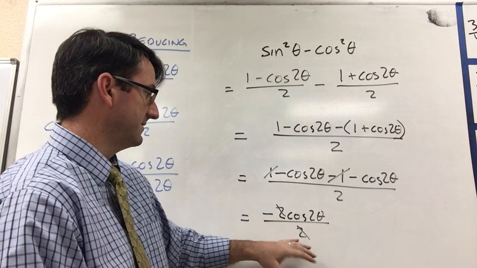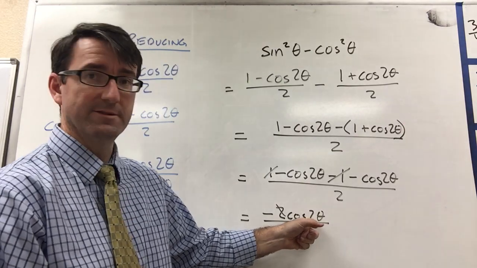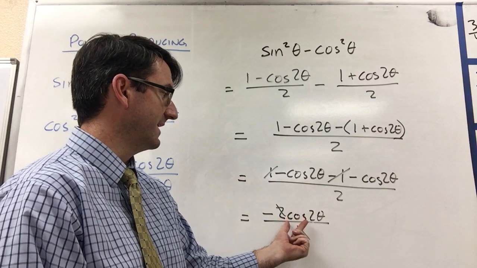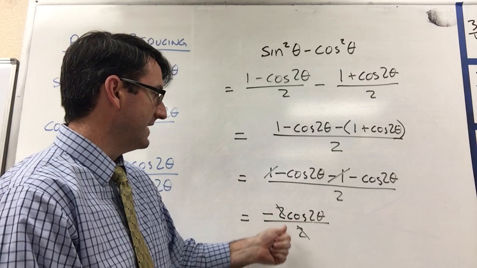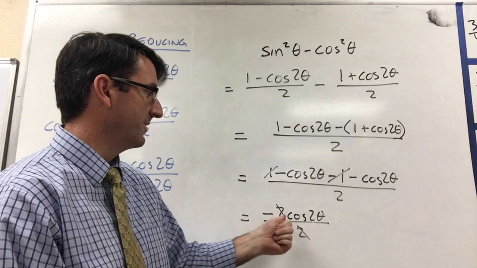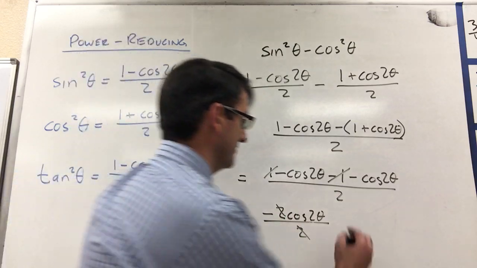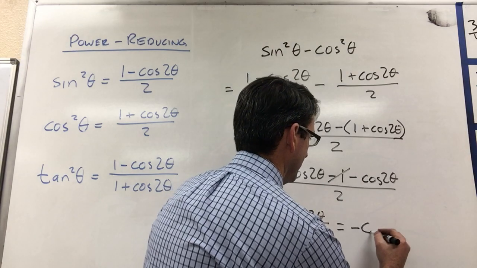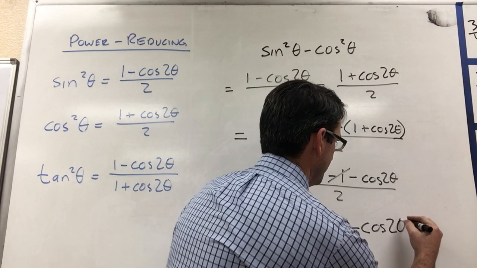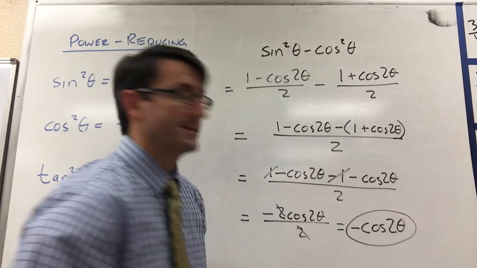Be careful with this too. These 2's don't cancel. You can't cancel that one because we're taking the cosine of that. But you can cancel this because we're multiplying this whole thing by 2. And so when you divide by 2, you're just left with negative cosine of 2 theta. And that's going to be your answer.